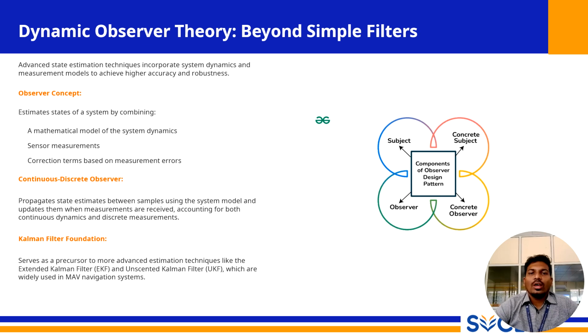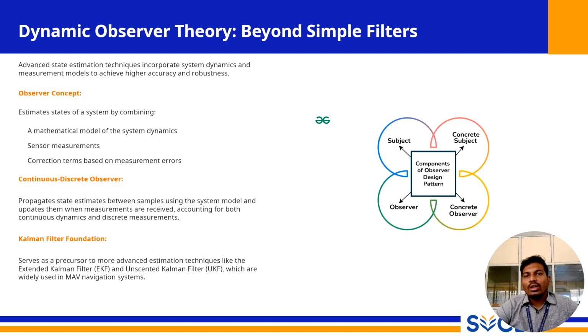This observer theory is the foundation of the Kalman filter. It serves as the precursor for most advanced estimation techniques like the extended Kalman filter (EKF) and unscented Kalman filter (UKF).